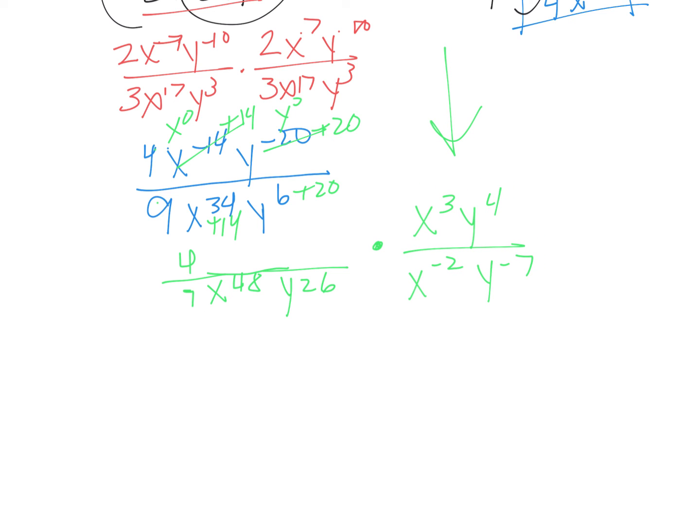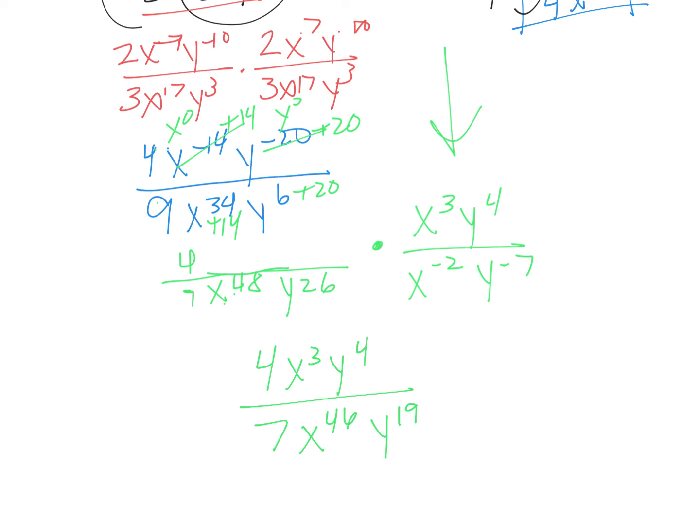So we have 4 times x to the power of 3, y to the power of 4, over 9 times x to the power of 48 minus 2. So we have x to the power of 46. And then y to the power of 26 plus negative 7, so it becomes y to the power of 19.